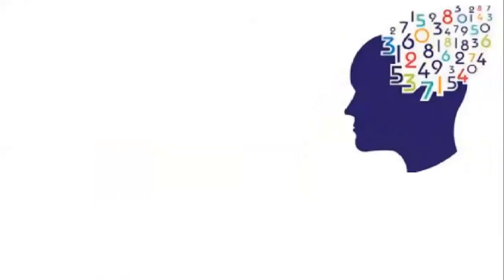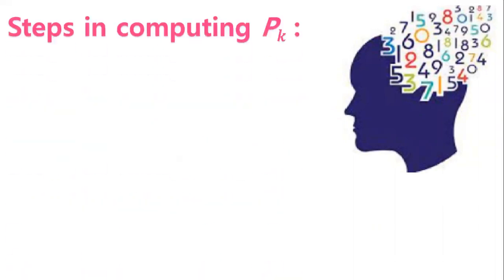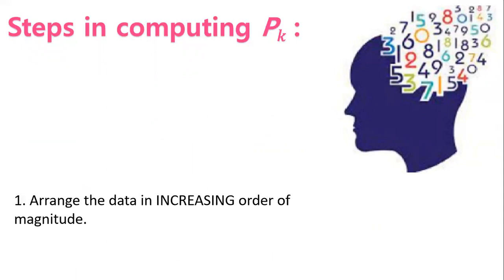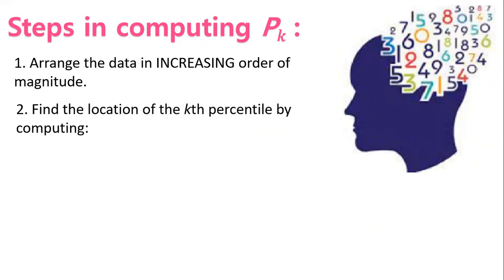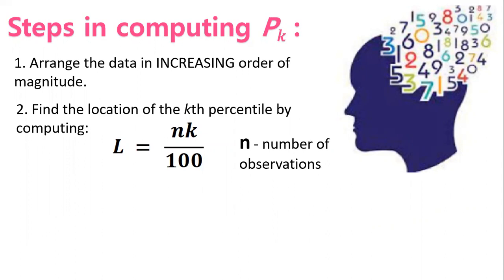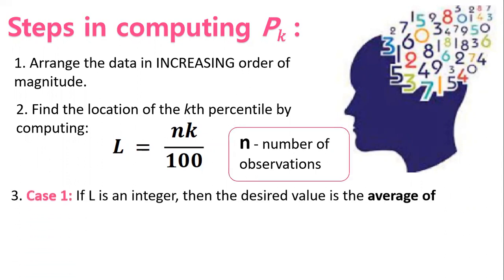So in finding the kth percentile in a data set, we are going to follow these steps. The first step is we arrange the data in increasing order of magnitude. Second step is we find the location of the kth percentile by computing L is equal to Nk divided by 100, where N is the number of observations, k is the unknown percentile, and once you compute for L, there are two possible results.